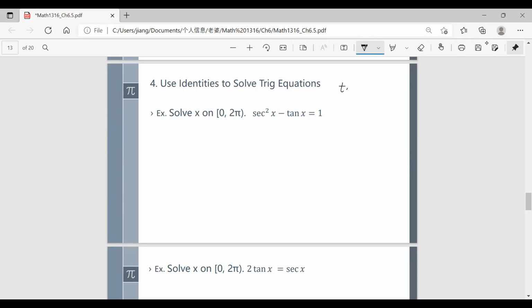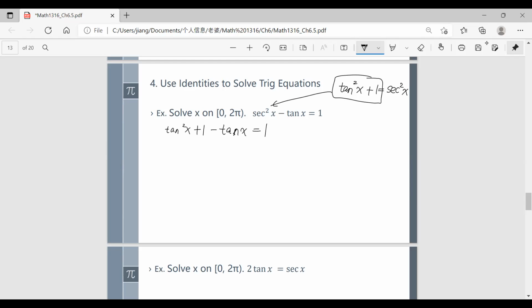That is tangent x squared plus 1 equals secant x squared. So secant x squared equals this term. I just plug this one into the expression. So tangent x squared plus 1 minus tangent x equals 1.